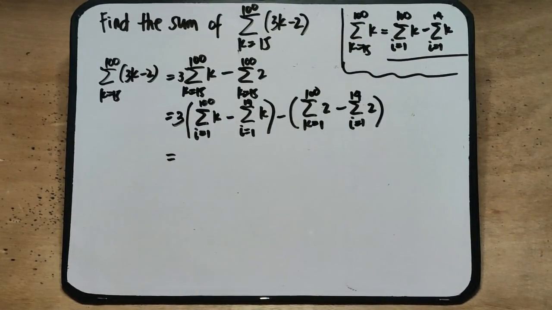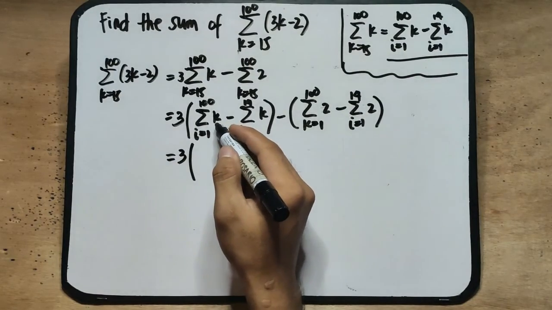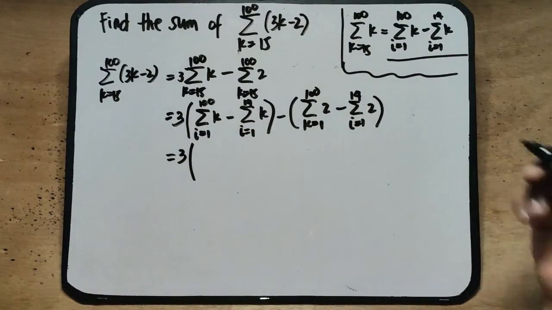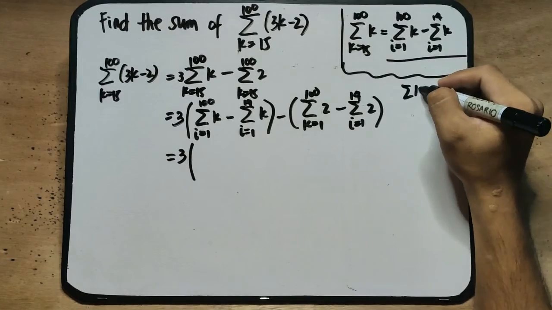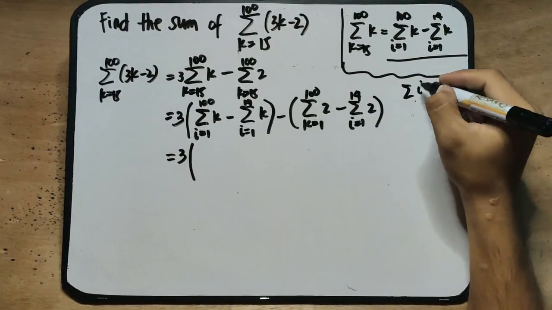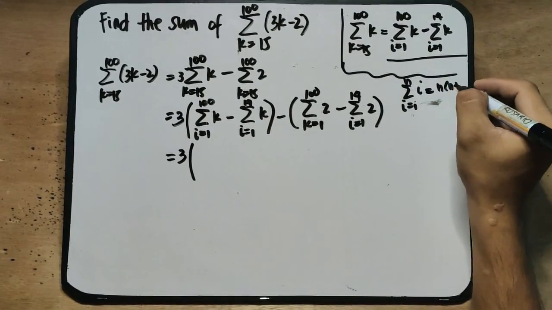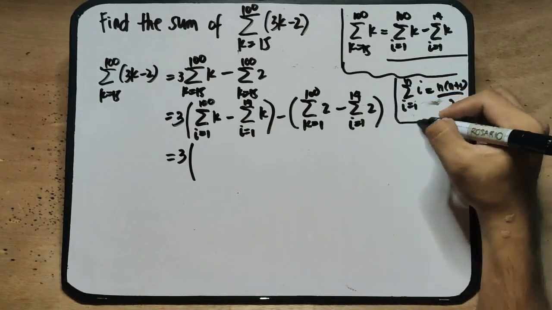Now apply the formula. So this will be 3 times, again, the formula: the summation of I from 1 to n is equivalent to n times n plus 1 all over 2. Take note of the formula.